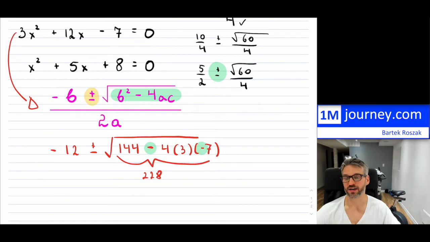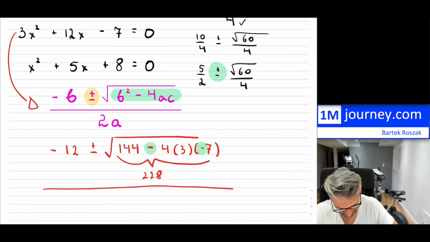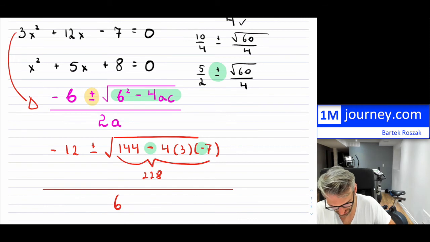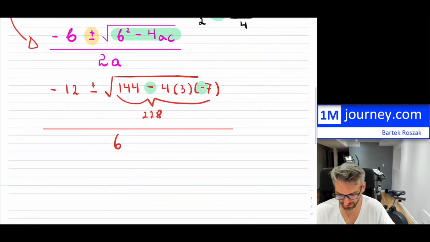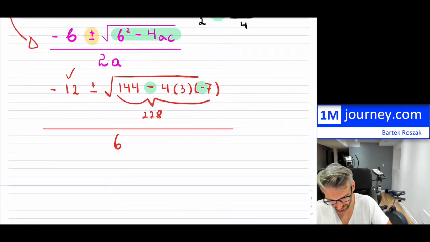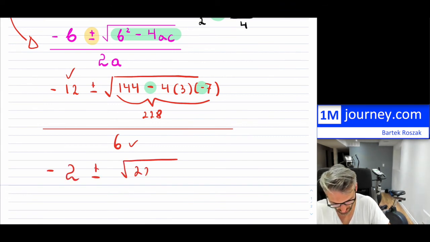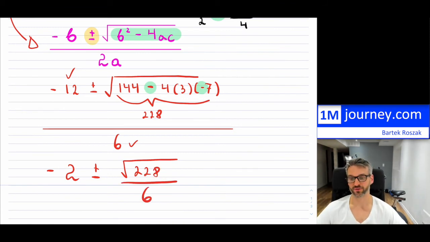And then let's not forget we have the 2a, when a was 3, which is going to be 6. So this whole thing is divided by 6. Now simplifying this, I have a 12 and a 6, so it's going to be minus 2 plus minus, and then the 228 divided by 6, and you can simplify that if you like.